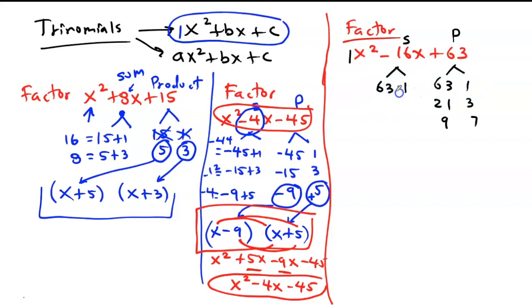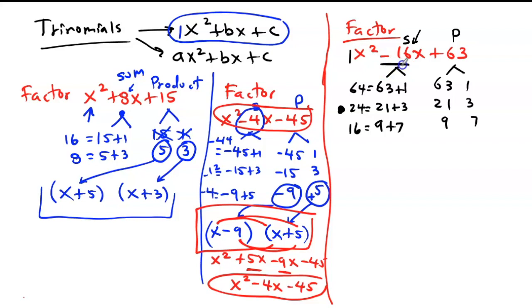If they're positive, then 63 plus 1 is 64, and I'm looking for 16, so we're kind of far away. Next one, 21 and 3 gives me 24. 9 and 7 gives 16. As you can see, all of these are positive, therefore my answers are positive.